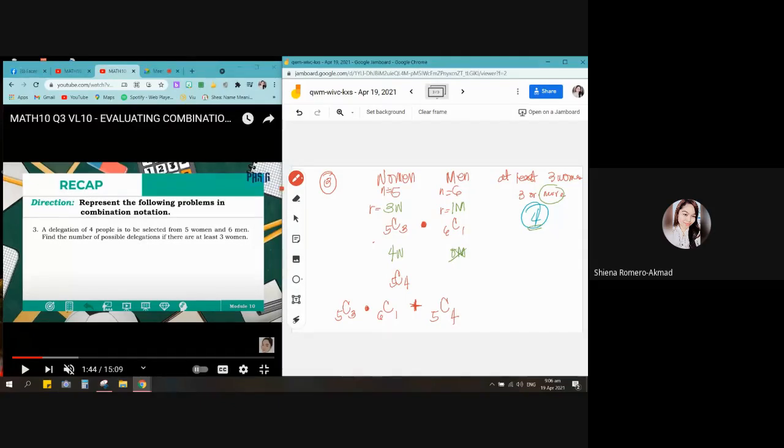So, ito yung sa unang sitwasyon, 3 babae ang pinili at 1 lalaki. At dito naman sa pangalawang sitwasyon kung saan 4 na babae ang pinili. Okay?